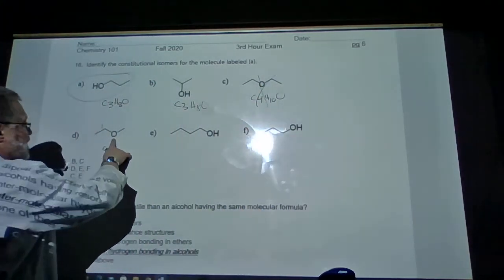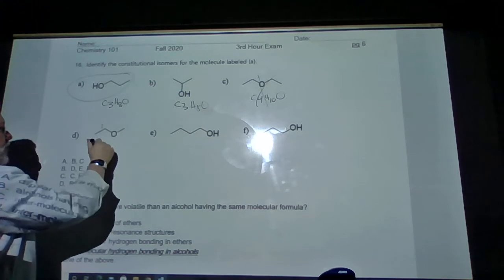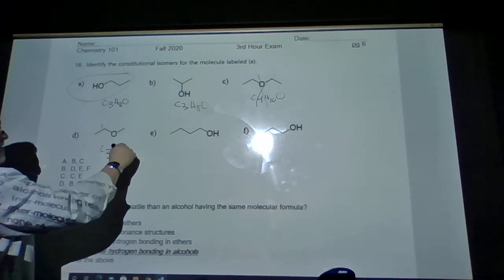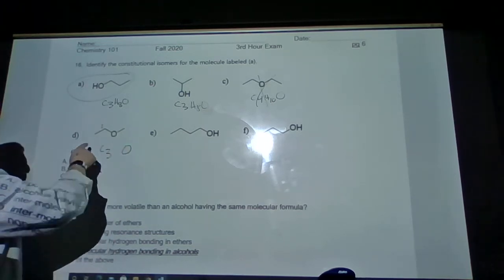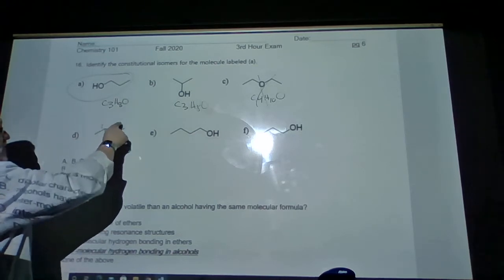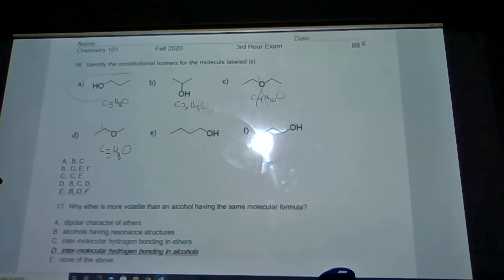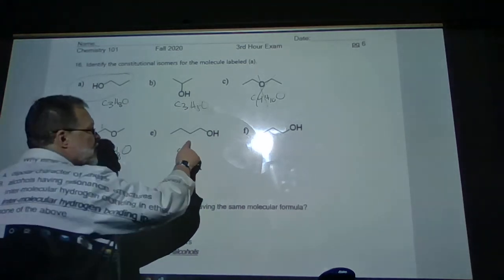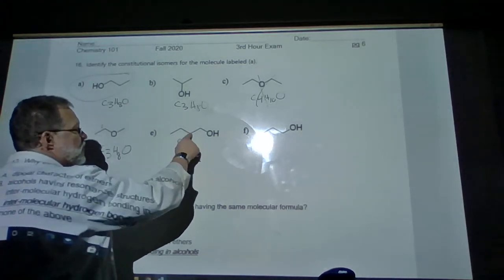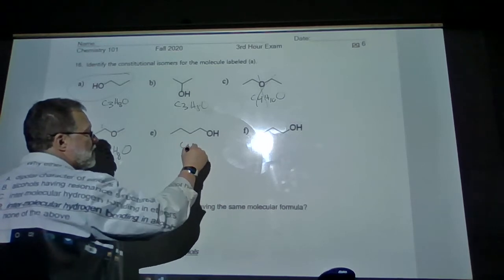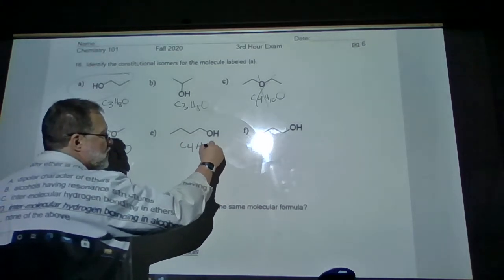Let's look at this one. How many carbons? 1, 2, 3. How many oxygens? 1. How many hydrogens? 1, 2, 3, 4, 5, 6, 7, 8. So C3H8O. What about this guy? Carbons, 1, 2, 3, 4. How many hydrogens? We've got 1 oxygen.